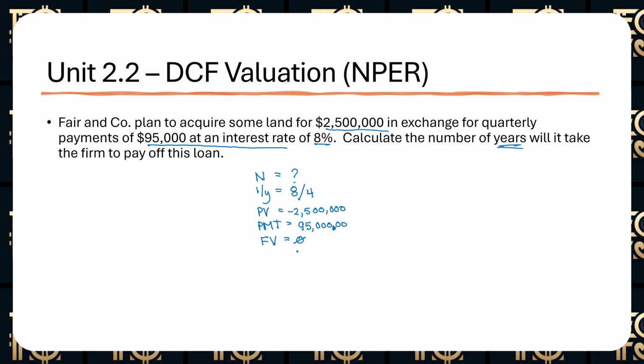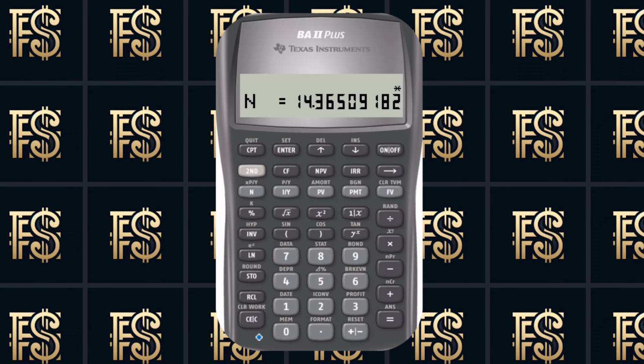Let's go ahead and use our financial calculators. We'll take the 8 and divide it by 4 to convert it to a quarterly rate. That's a 2% quarterly rate. The amount they are paying for the land is $2.5 million, and then they'll make $95,000 payments, 0 on the future value, and we'll compute the number of quarters.